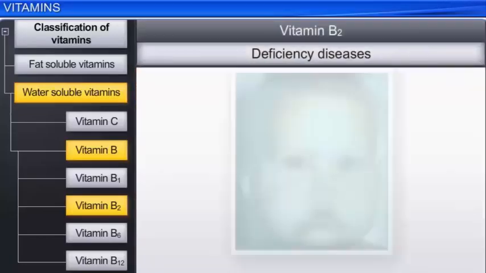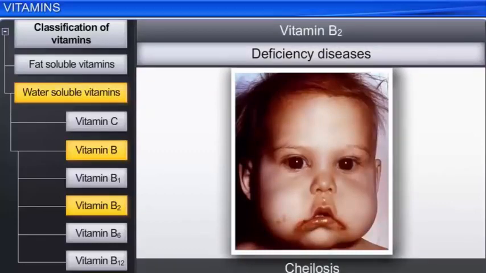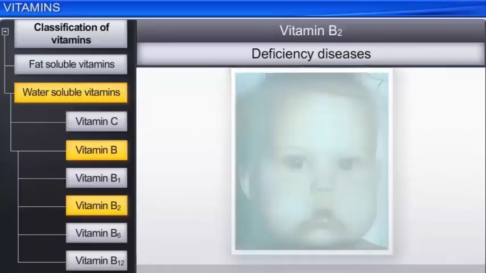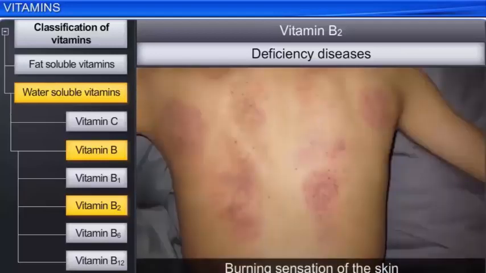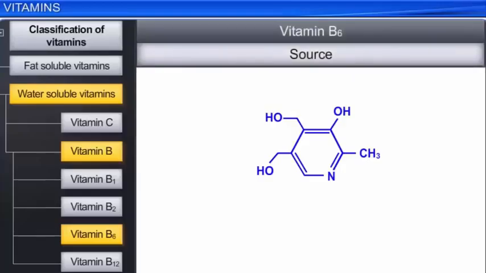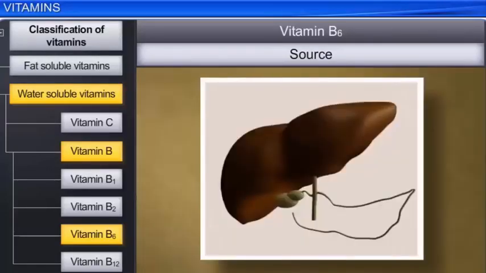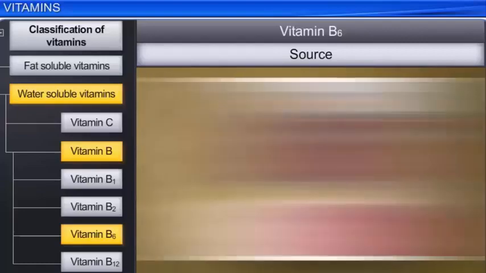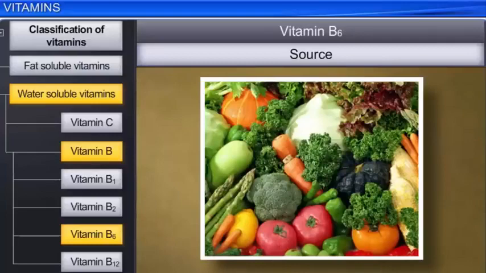Insufficient vitamin B2 leads to cheilosis, which is characterized by fissuring at the corners of the mouth and lips, digestive problems, and burning sensation in the skin. Vitamin B6, or pyridoxine, is found in meat, liver, egg yolk, cereals, grains, and vegetables.